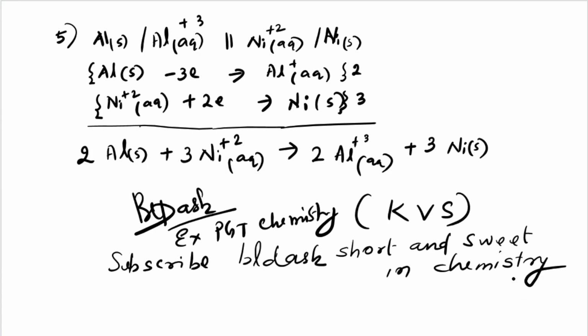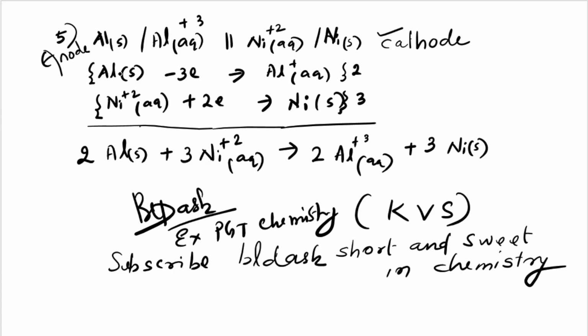Then come to the fifth example: aluminium, Al+3, salt bridge, Ni+2 (aq), Ni(s). This is the cathode part. When you see the cell representation, you can be sure the left side is the anode.